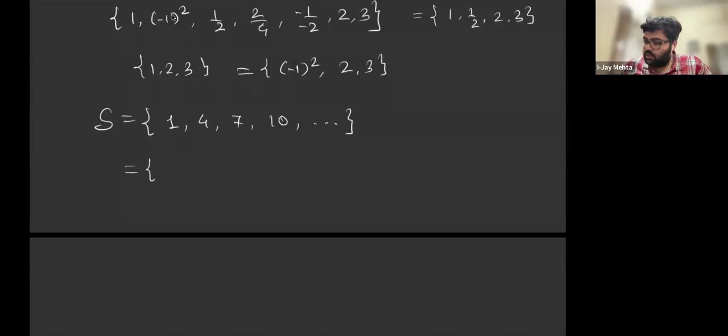What are the elements? We have to write like this. Why only 1, 4, 7? I want to write in terms of some property.